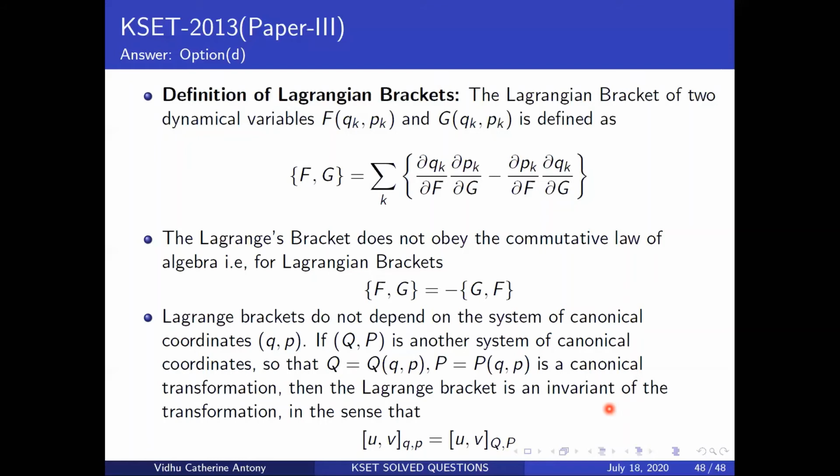But the thing that you realize here is even in this set of papers, the electrodynamics question had two components to it. Basically I had to apply some classical mechanics to this electrodynamics Lagrangian that I got. So it's like remembering something from electrodynamics and using classical mechanics. It's really hard to categorize those kinds of problems, so I'm trying to figure out a way to do that. Probably by the end of solving all these papers, I should be able to give you a paper analysis of which questions are more common.